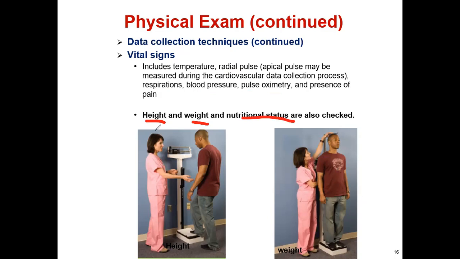And when you get the body height and body weight, you can easily measure the BMI. BMI stands for body mass index. It can indicate whether your patient has obesity, undernutrition, or is within the normal BMI range.